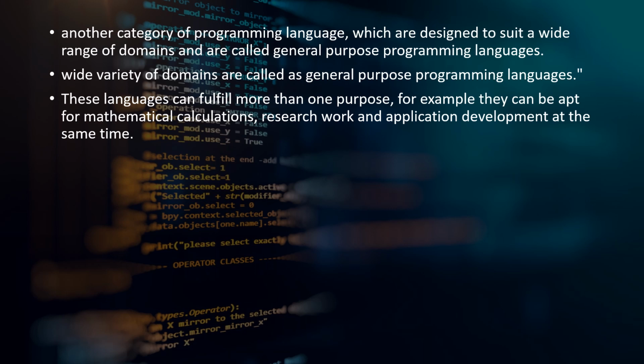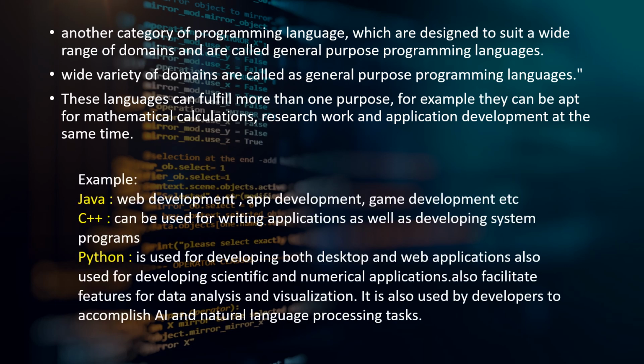Now I will name a few programming languages and the various domains in which each one can be used. First is Java. Java is called a general purpose programming language because it is used in many domains.